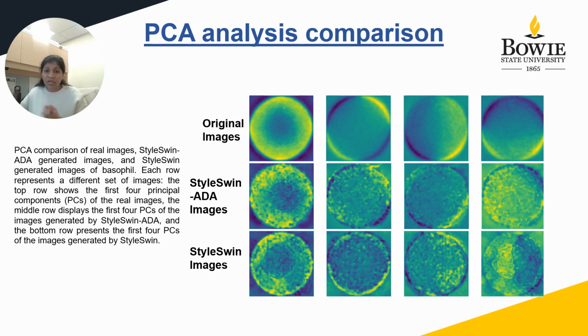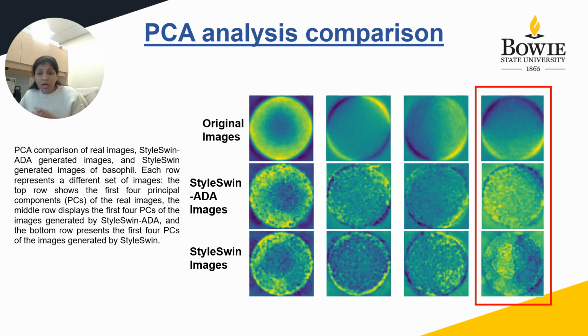By comparing the heat maps, we can observe the similarity and differences between the original and generated images, particularly in relation to the fourth principal component. The more aligned the pattern between the original and generated images, the better the generative model has captured the underlying structure of the original data.